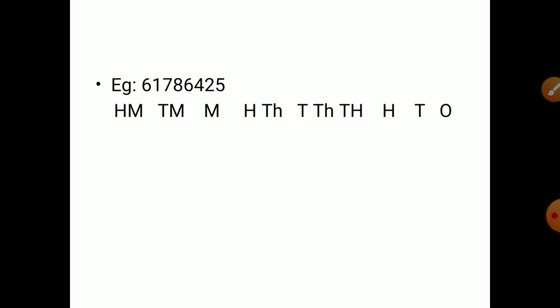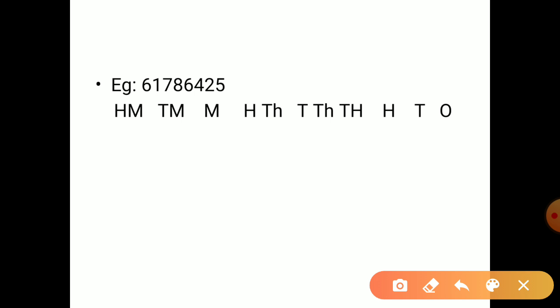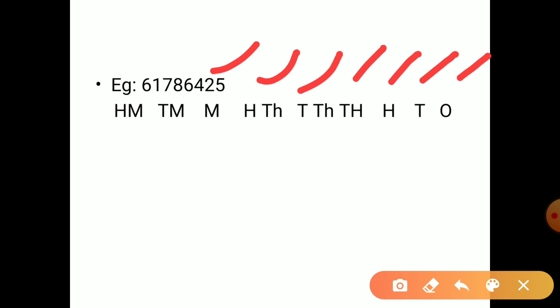Take one more example. I have a number 61786425. Now I will write the international system of numeration: ones, tens, hundred, thousand, 10,000, 100,000, then million, 10 million, and 100 million.